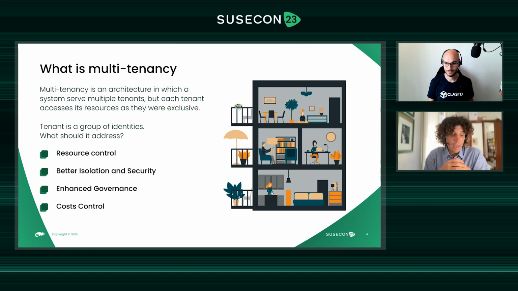A tenant can be, for example, an individual who is using a shared resource, an organization which shares a system with other organizations, a group of people who share the system with another group of people, and so on. So, generally speaking, a tenant is a group of identities, as you see here.